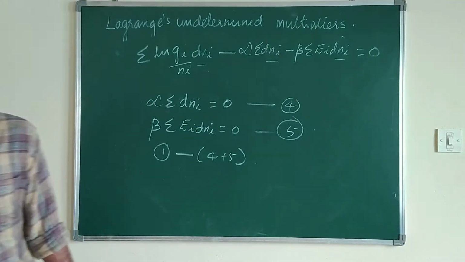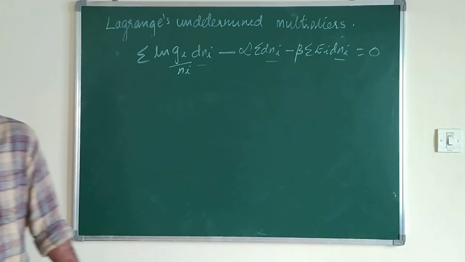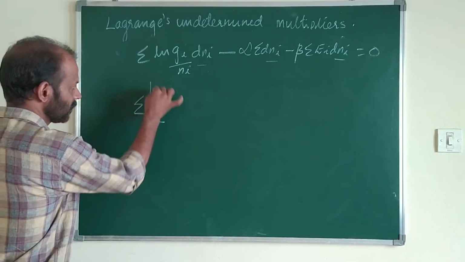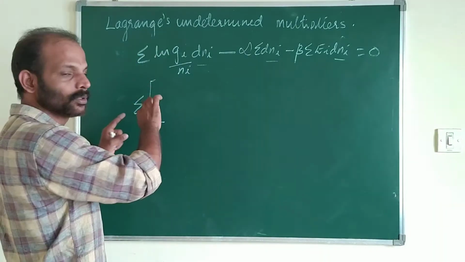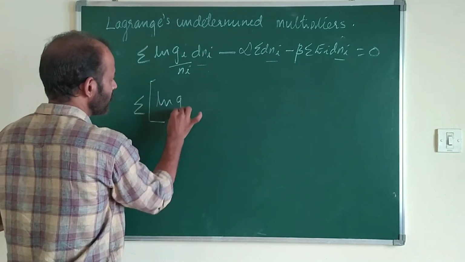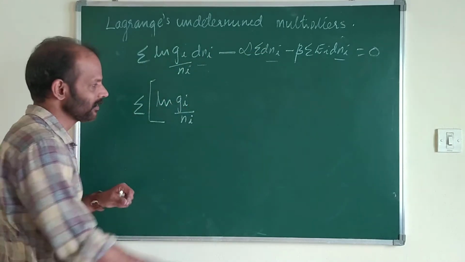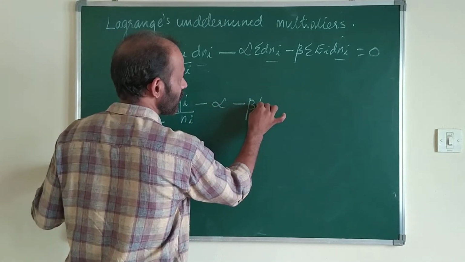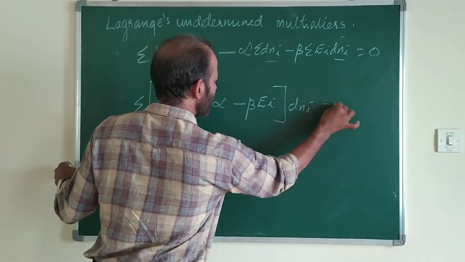Then summation over all levels, we can take it as like this, that is summation over all terms. So ln Gi divided by Ni, we are taking out dNi outside, minus alpha minus beta Ei into dNi is equal to 0.